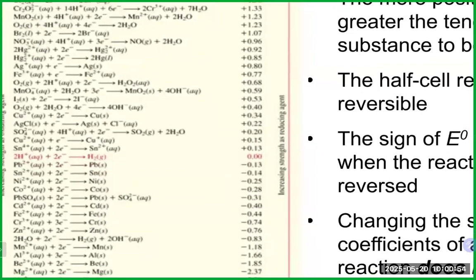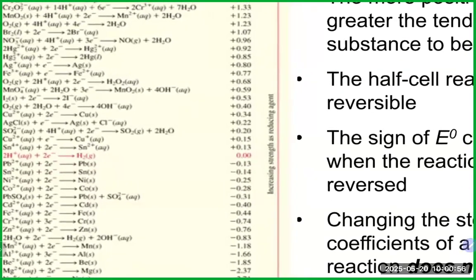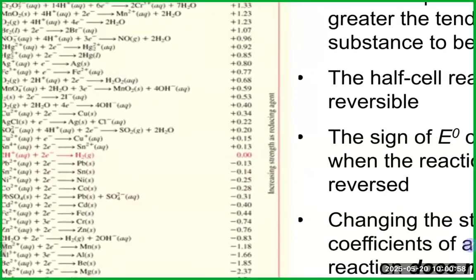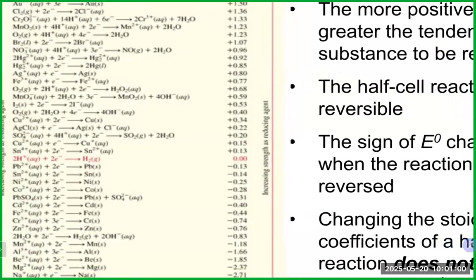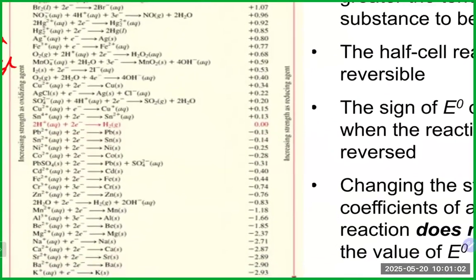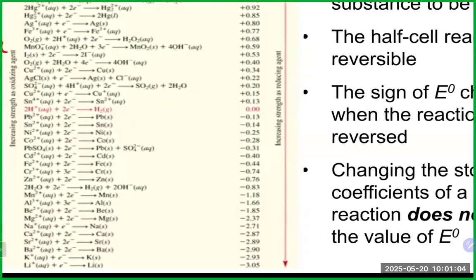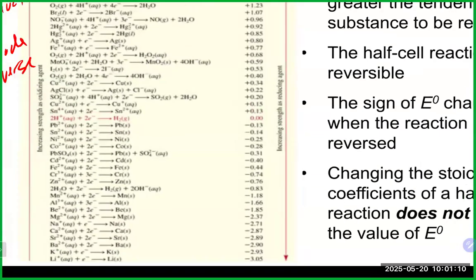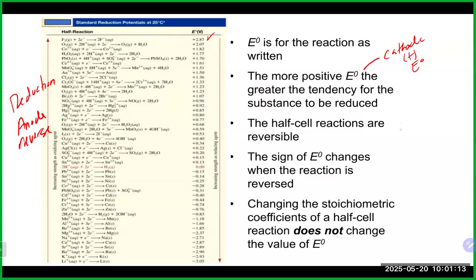So if we looked at our calcium, which looks like it's minus 2.87 volts, for our calcium gaining a couple electrons to make solid calcium.